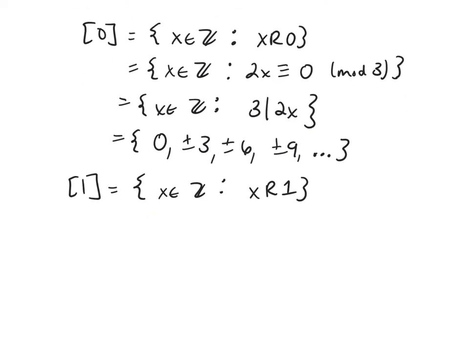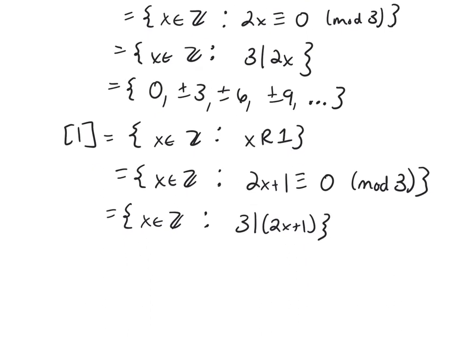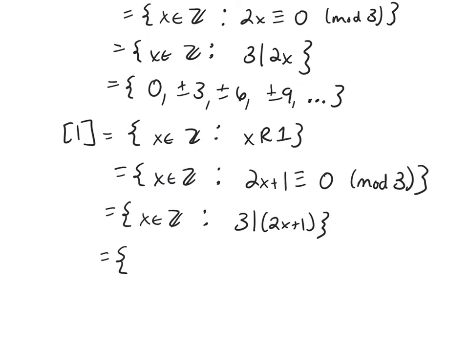Okay, so I'm looking for all the elements x in Z where 2x plus 1 is congruent to 0 mod 3. Well, this is the same thing as saying I'm looking for all the integers where 3 divides 2x plus 1. So what would be elements in this set? If x is 1, 3 will divide 2x plus 1.